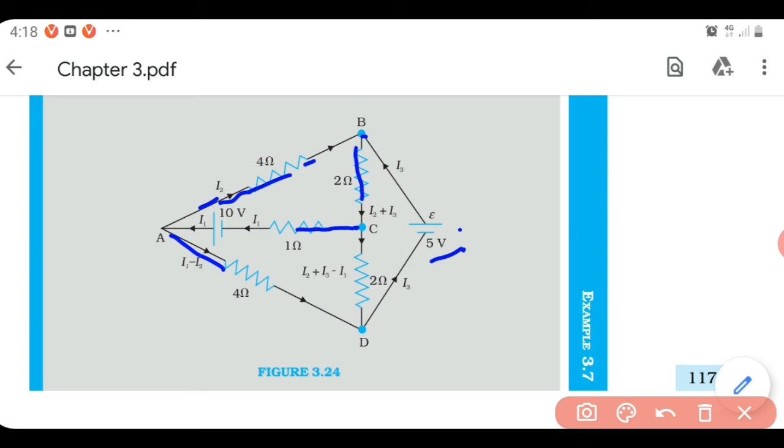So I2 plus I3 reaching the junction C, I1 is flowing through this 1 ohm. So the current through this 2 ohm is I2 plus I3 minus I1. That is how we are taking the current using the junction rule. Now I2 plus I3 minus I1 combines with I1 minus I2, so you will get I3, the current in this arm. That is how we complete the marking of current.